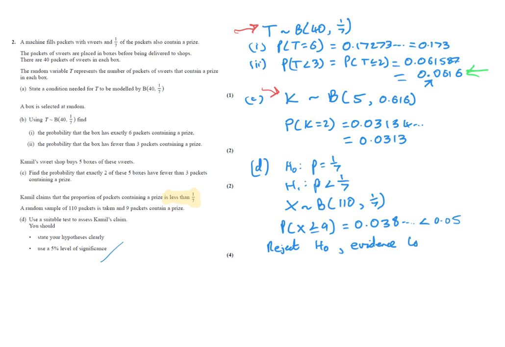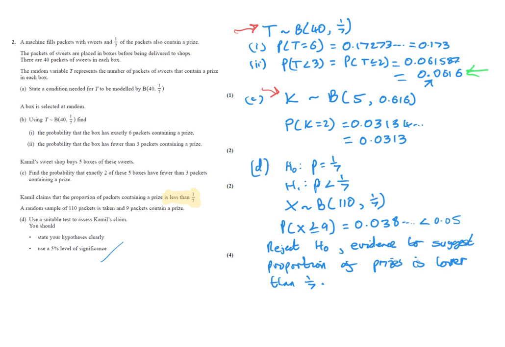So reject H0, evidence to suggest proportion of prizes is lower than a seventh. So we've got our overall conclusion, reject, accept H0, H1, however you want to word it, and then put it into context.